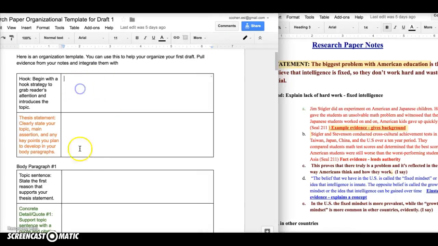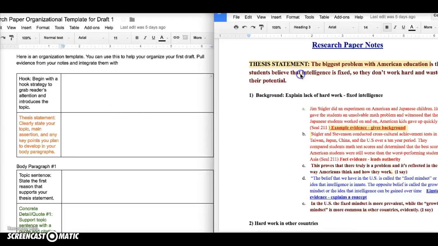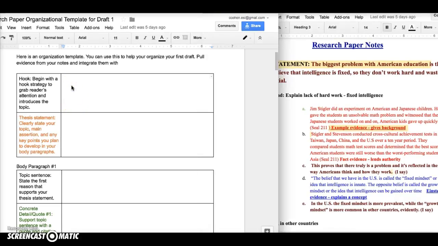So I'm just going to set myself up here with the introduction. My problem I was focusing on was the fixed intelligence idea, right? So my hook, which can be, remember, something that grabs the reader's attention. It can be a quote, it can be a startling fact or a shocking idea. It can be lots of different things that will really capture your reader's attention.